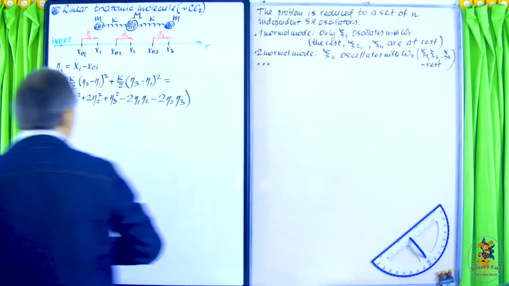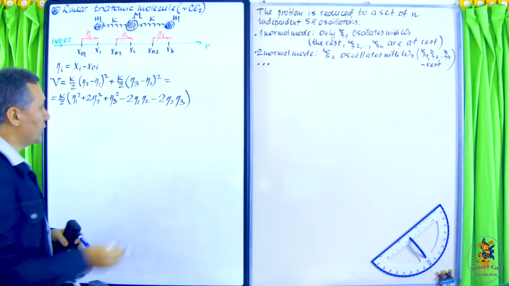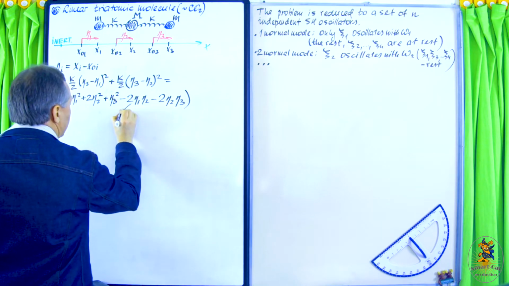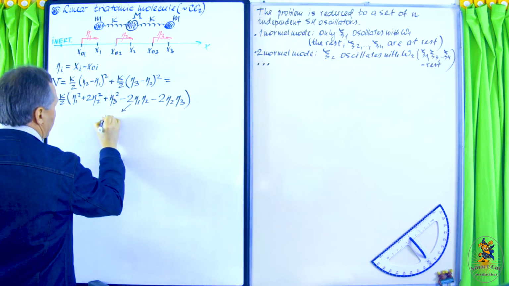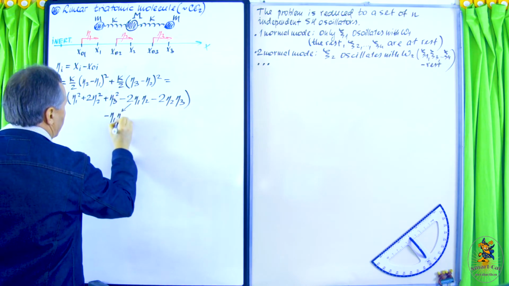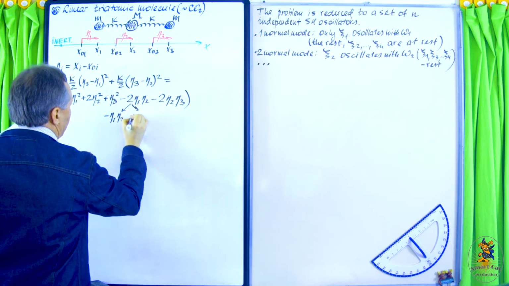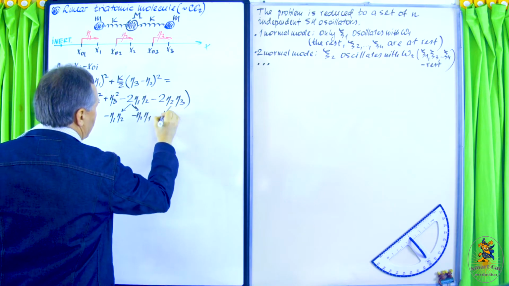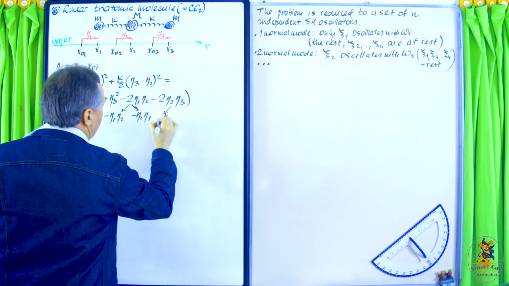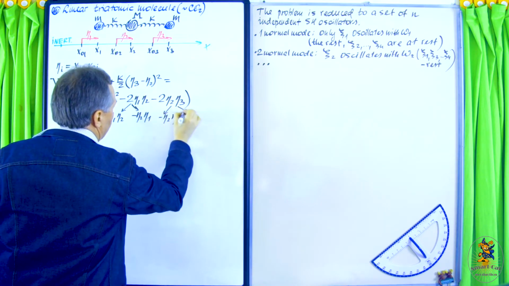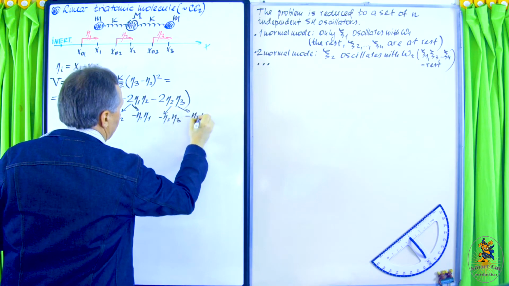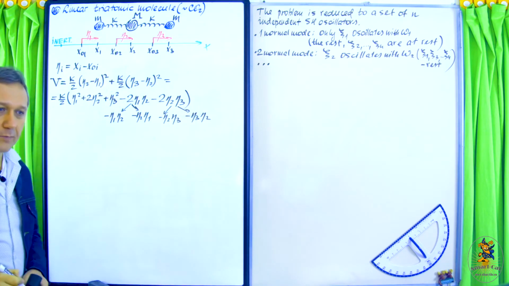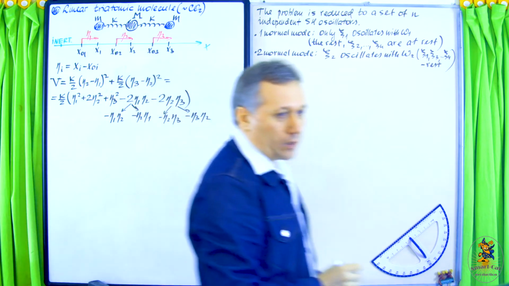At the very beginning, let me split each cross term into 2 terms: minus eta 1 eta 2 and minus eta 2 eta 1, and likewise minus eta 2 eta 3 and minus eta 3 eta 2, so that we wouldn't lose any terms.